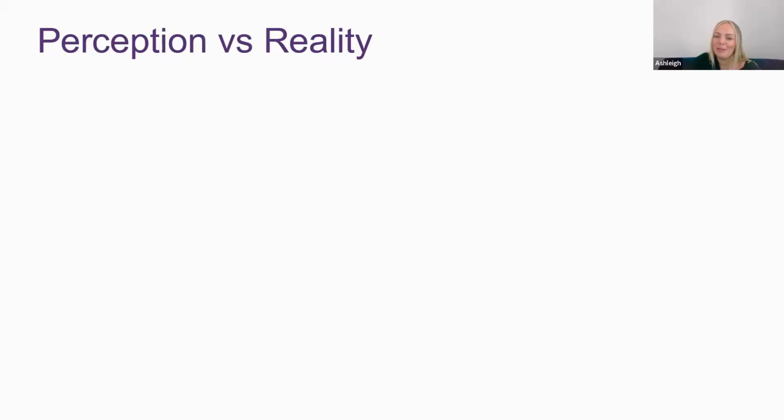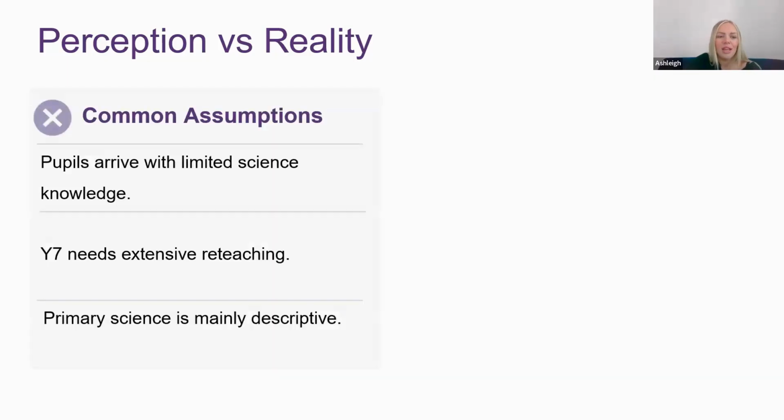So the tables I'm about to share with you is information, again, taken from Ofsted findings around the assumptions we as secondary teachers, sometimes, not always, have about primary education. And I will be absolutely honest, like I said at the start, I didn't really have the grace to delve into this as much as I have until the last 3 years. So some of these assumptions I, hands up, did have myself.